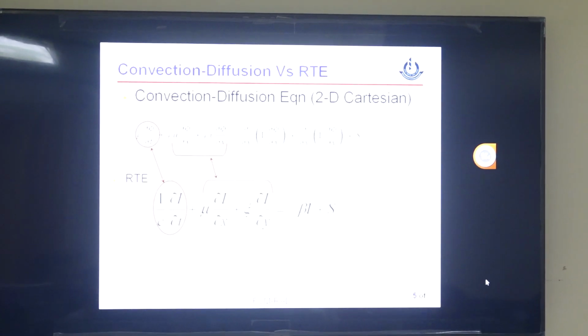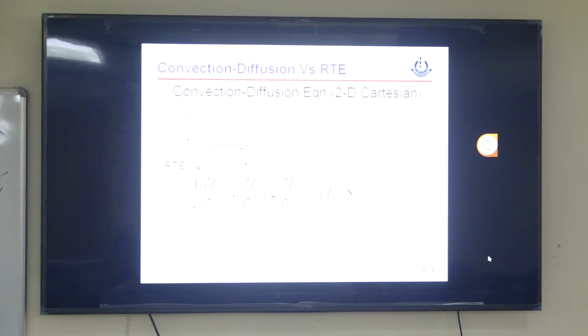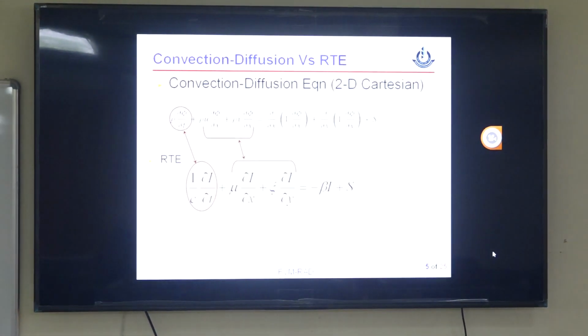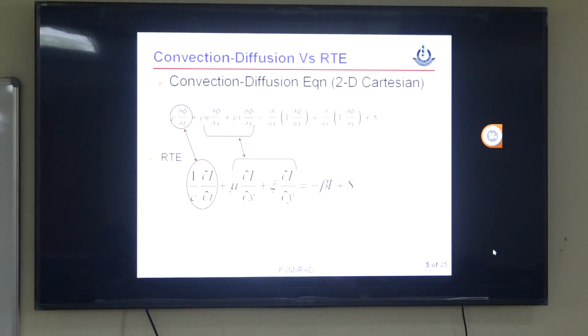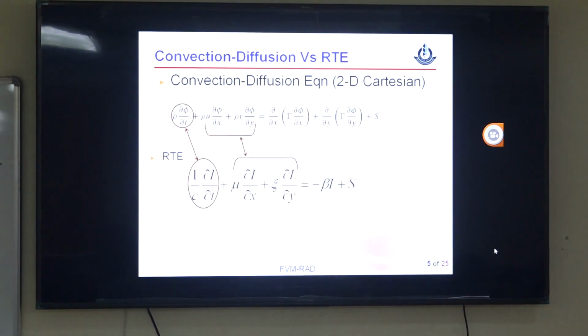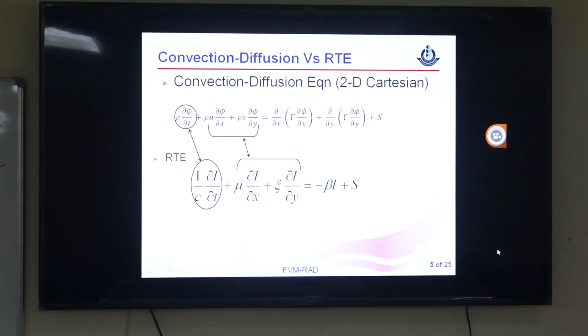So you can find this similarity: the transient term of RT is very similar to the convection diffusion transient term, at least in similar form. And the convection term in our original heat transfer fluid flow problems is quite mathematically similar to our RT, that is, the spatial gradient of the intensity in different directions.